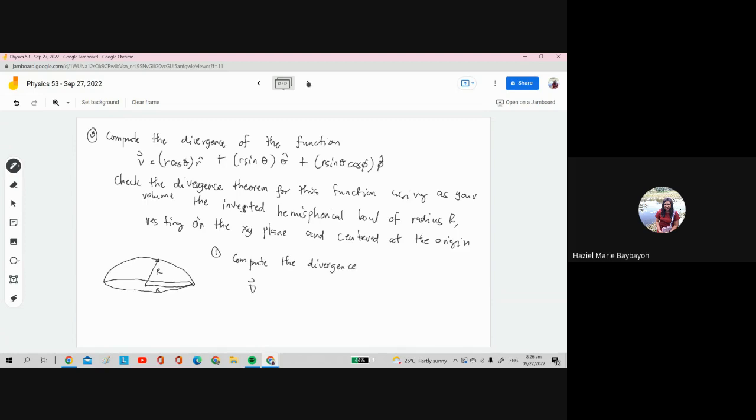So you have 1 over r squared, the partial derivative of r squared times v_r, plus 1 over r sine theta, the partial derivative with respect to theta of sine theta times v_theta, plus 1 over r sine theta, the partial derivative with respect to phi of your v_phi.